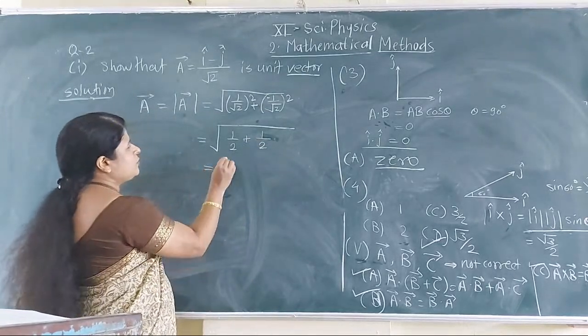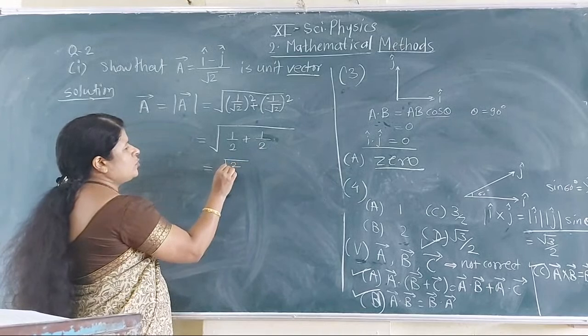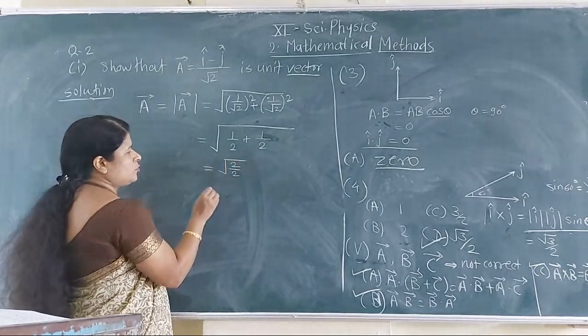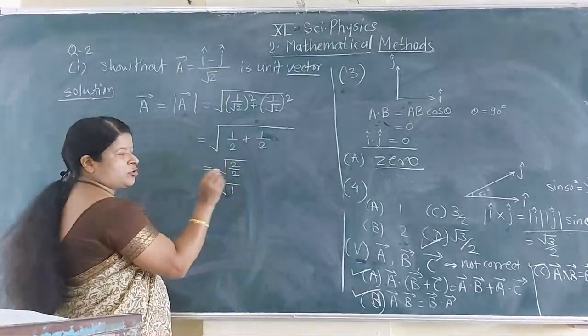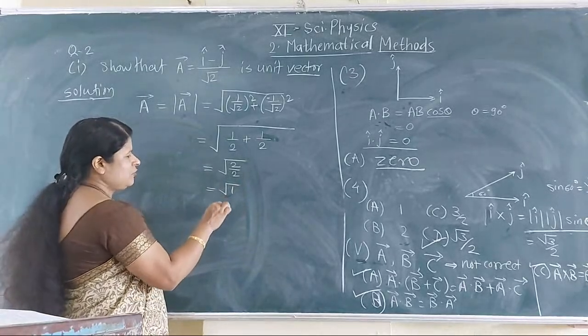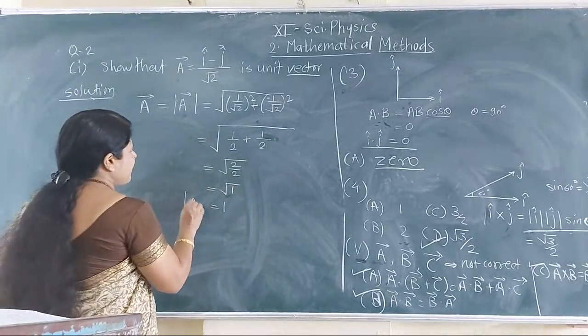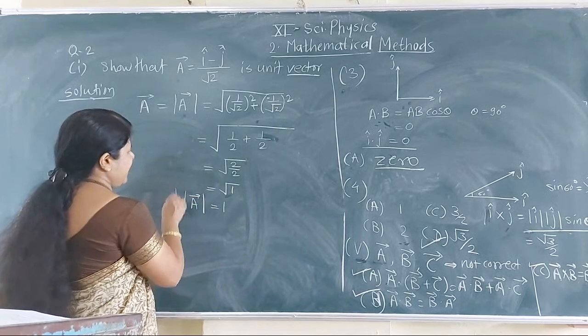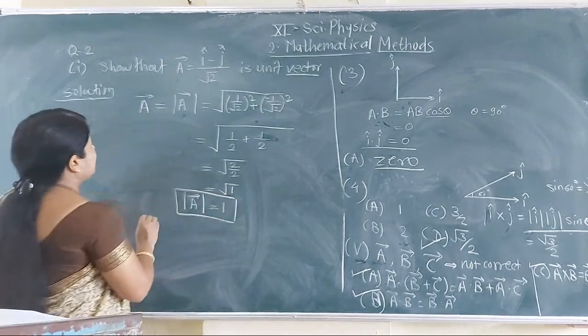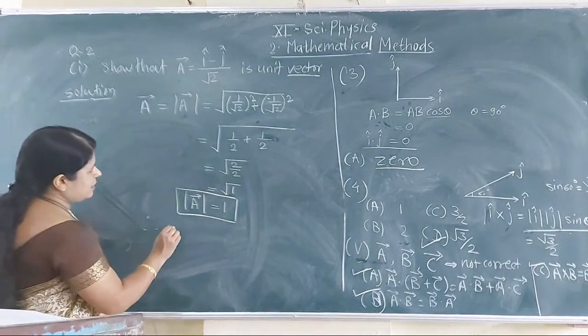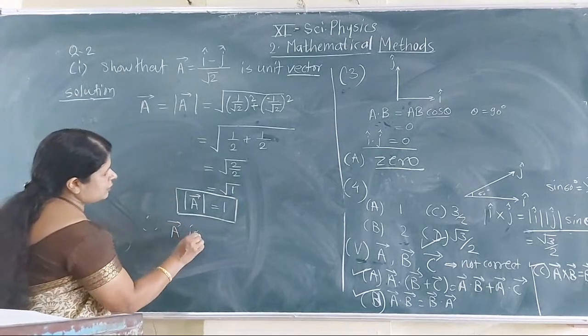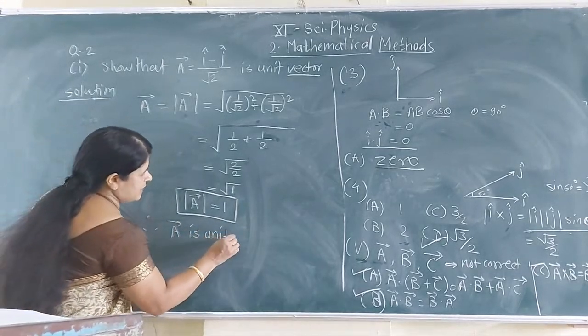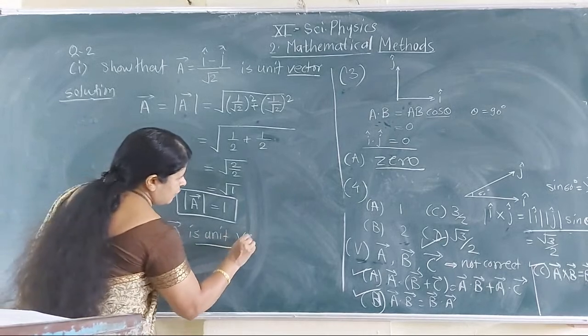That is equal to the square root of 2 divided by 2, which is equal to the square root of 1, that means 1. So we get the magnitude of vector A is equal to 1. Therefore, given vector A is a unit vector.